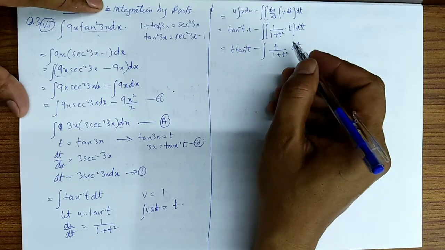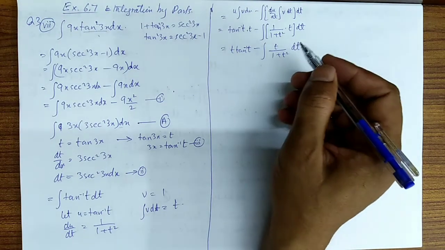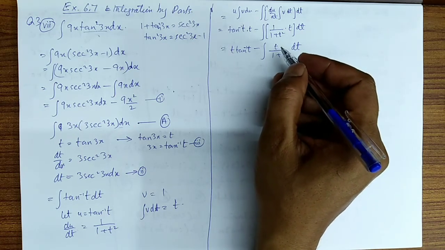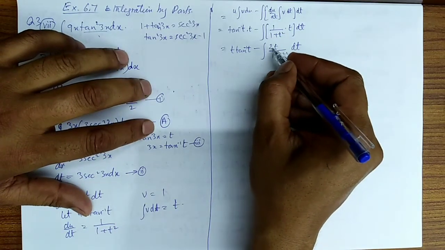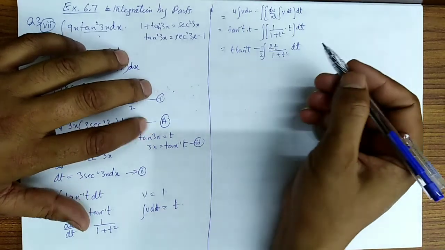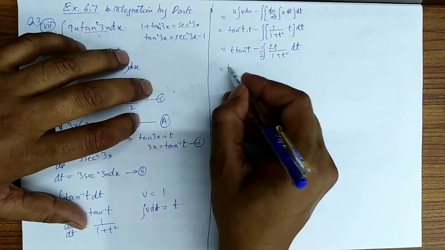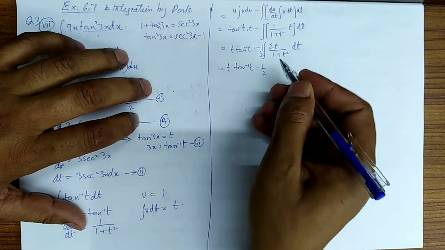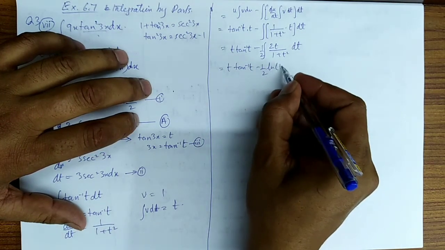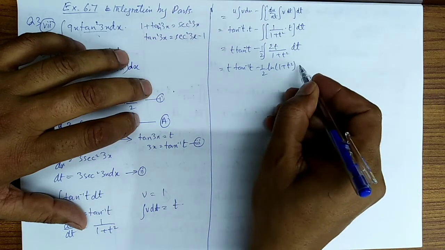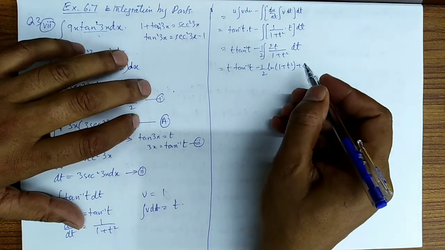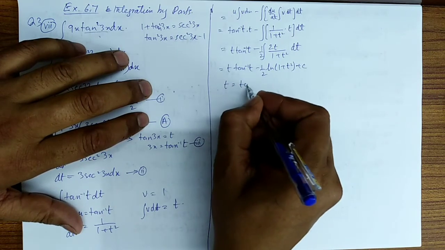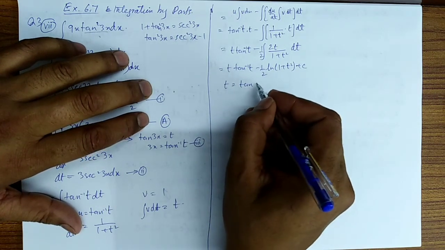So now we can make it a perfect function by multiplying by 2 and dividing by 2. This will give us t tan inverse of t minus 1 upon 2 ln 1 plus t square plus c. So in place of t, now we have t is equal to tan 3x.